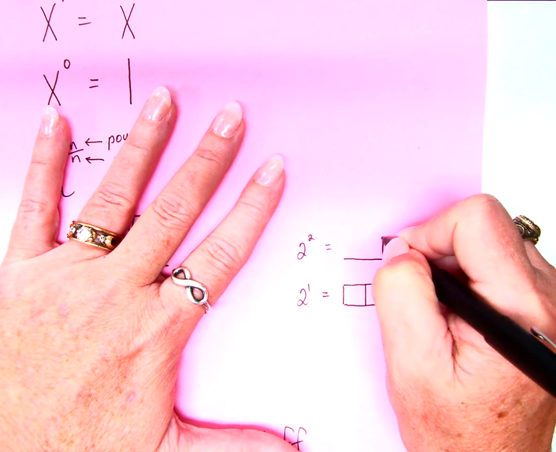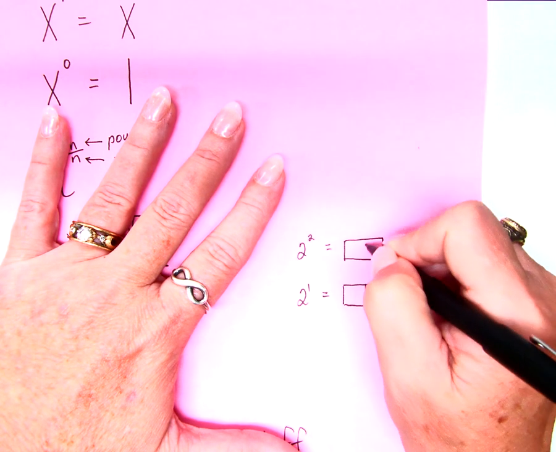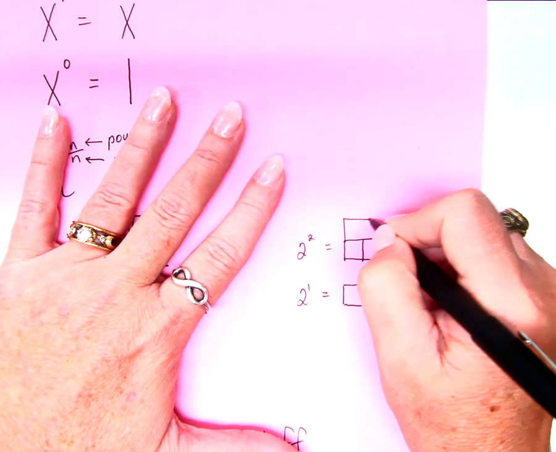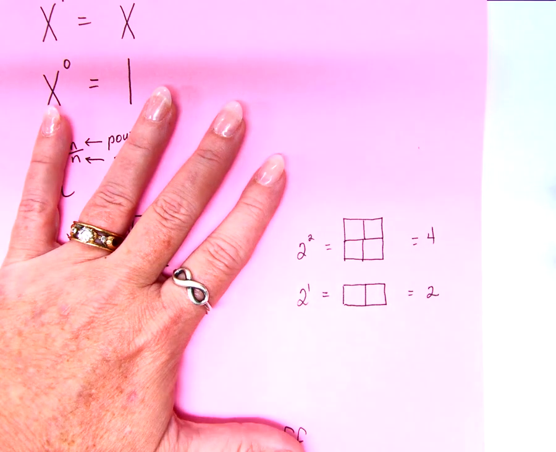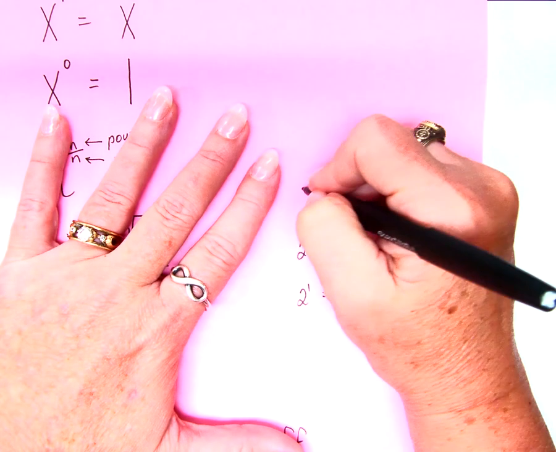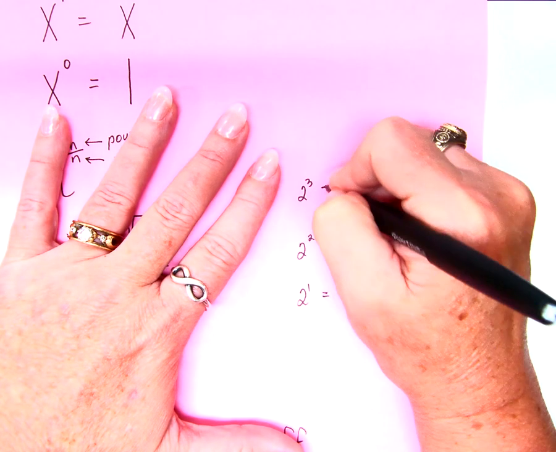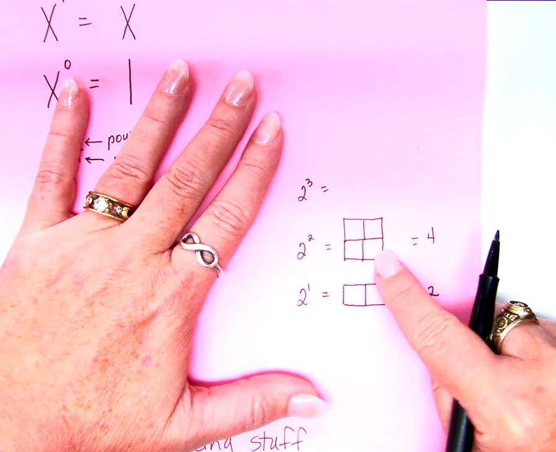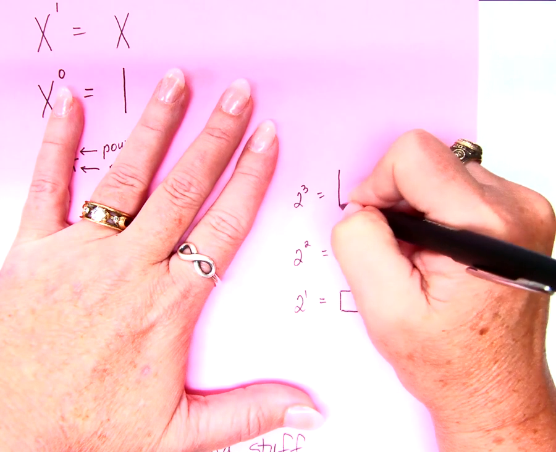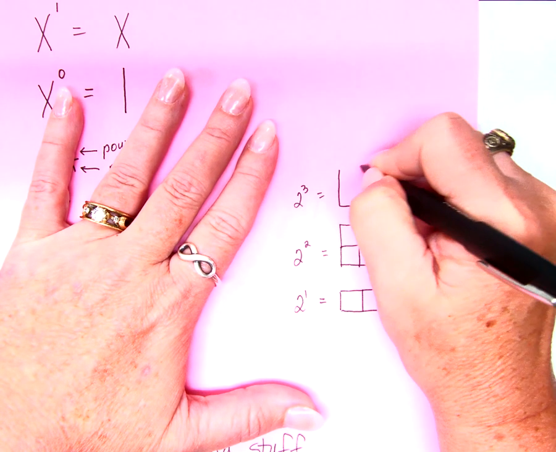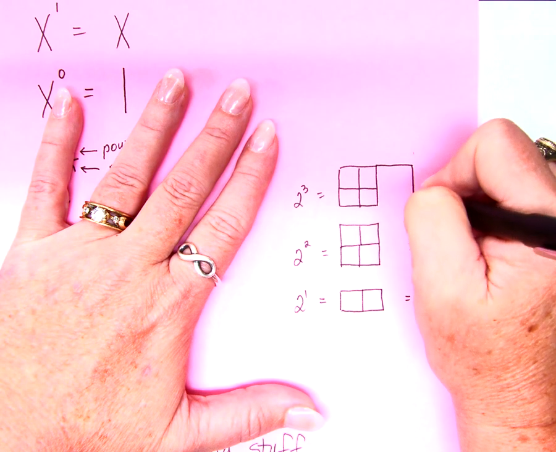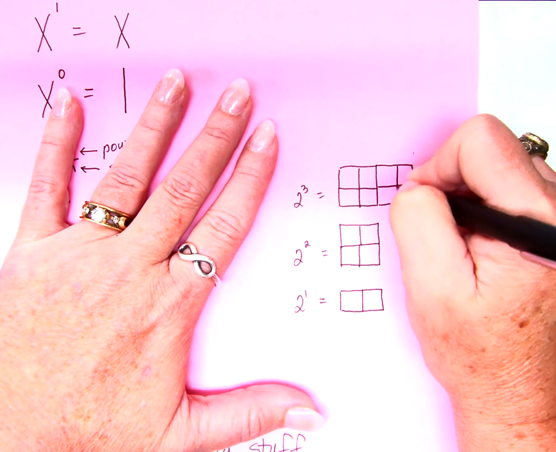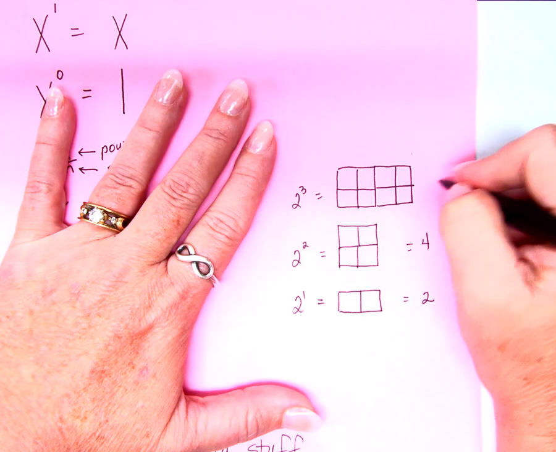Isn't it just 2 of the shape that I just had? So 2 of those. So it's just 4. Because I'm just doubling the shape, right? What about 2 to the third power? Isn't it just doubling this shape? So there's the shape I just had, and then I'm going to double it. So how many are there? 8.